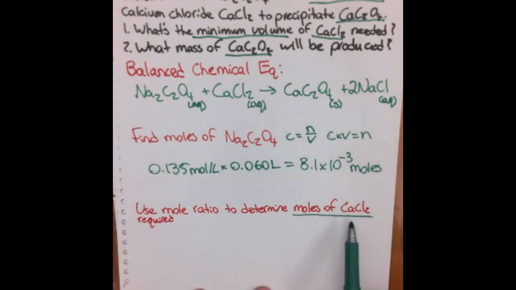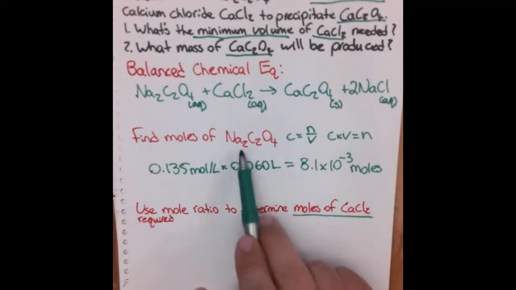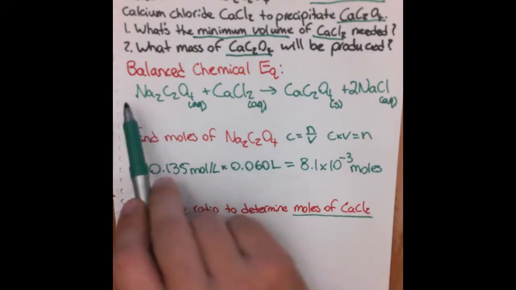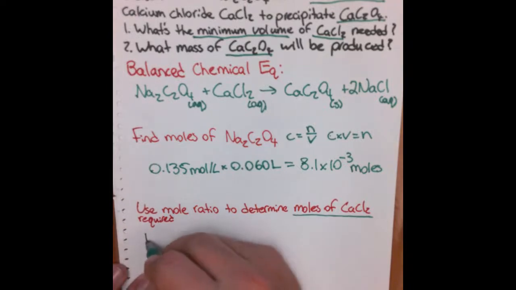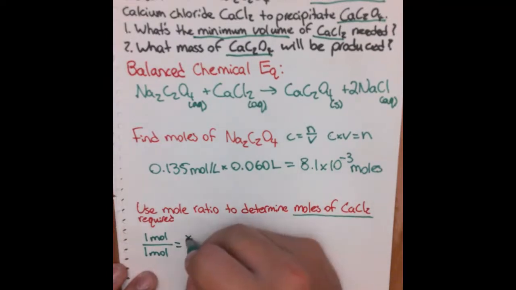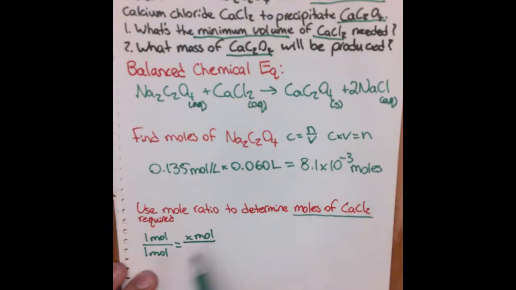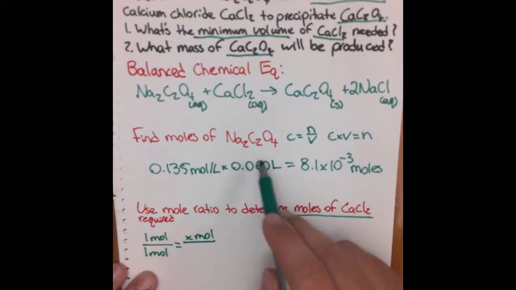Our CaCl2, we can see, has a coefficient of 1, and our Na2C2O4 also has a coefficient of 1. So this makes it really, really easy for us. It's just going to be a 1 mole over 1 mole ratio, which is going to be equal to X moles over our concentration, or our number of moles of Na2C2O4.